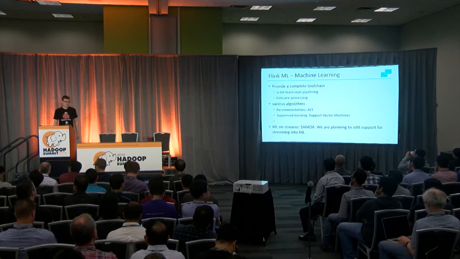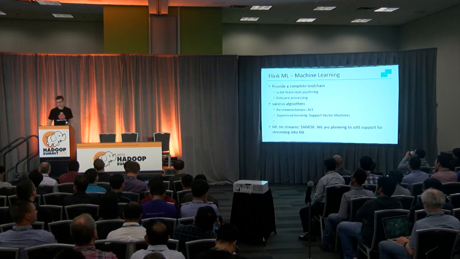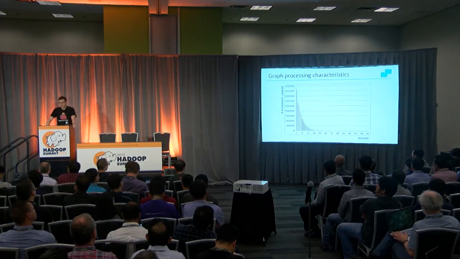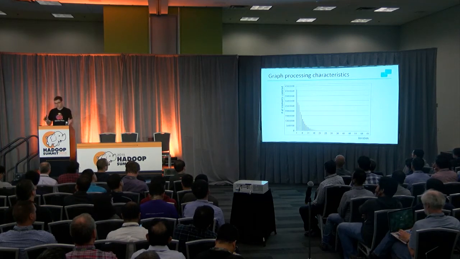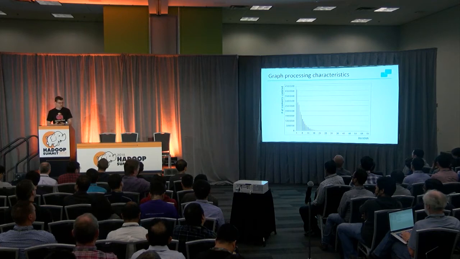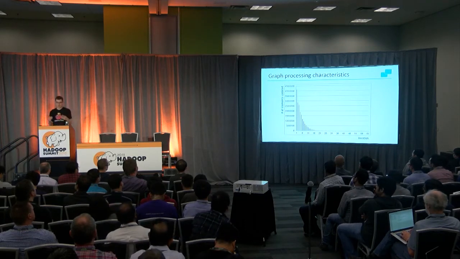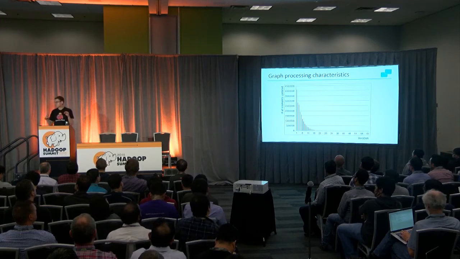Another use case is graph analysis. You want to process, for example, Twitter follower relationships or other graphs like the web. When you look closer at those algorithms, you'll realize that the number of elements updated with each iteration usually goes down rapidly. For example, in a label propagation algorithm where you send labels through a graph, the number of elements in the graph that are updated goes down rapidly.